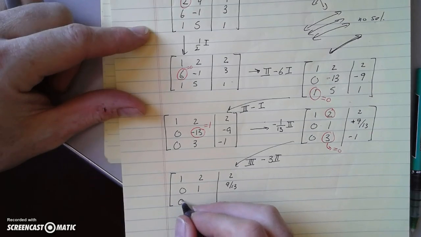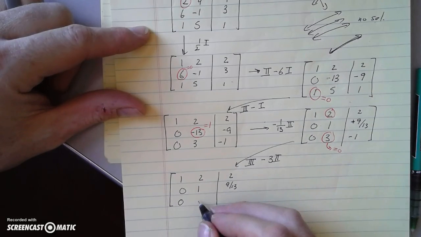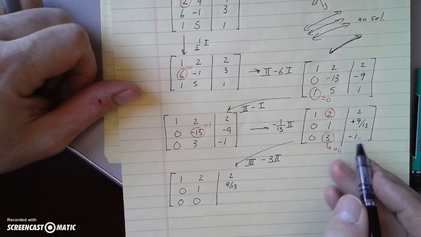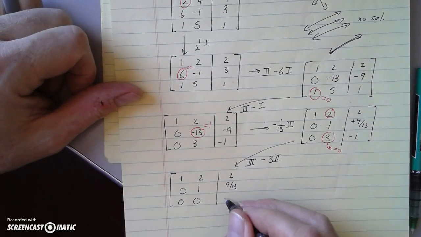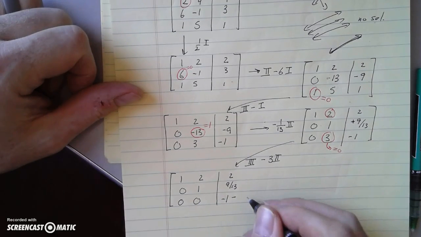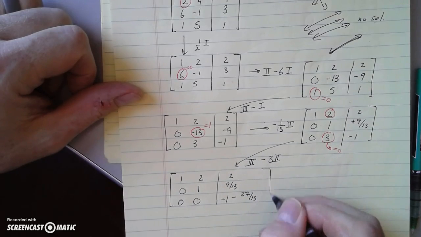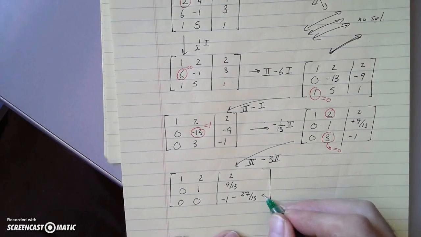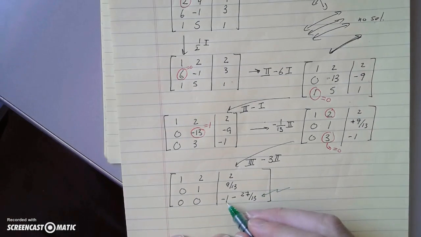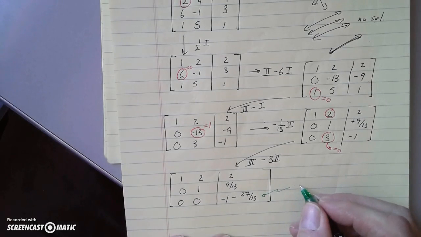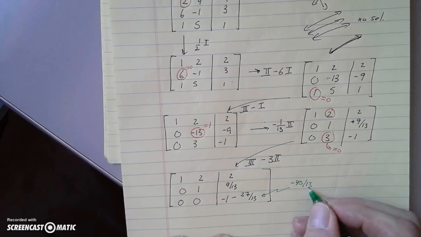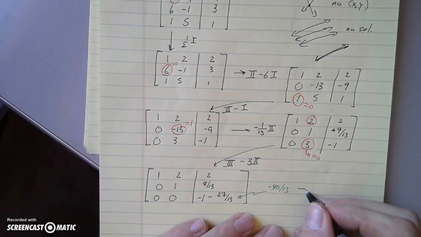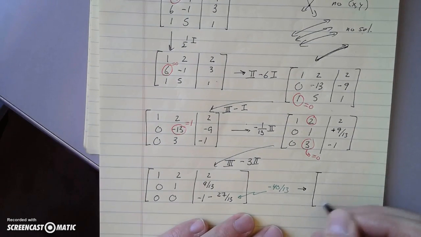Row 3, 0 minus 0, 3 minus 3 is 0. And what do we have here? We have a minus 1 minus 27/13. All right, and so that's 13/13, so this is 40. This is minus 40/13. Now this is actually as far as we really need to go.